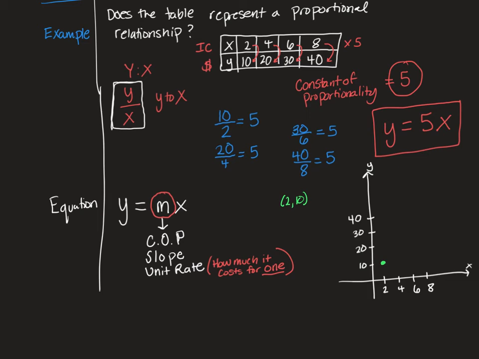My next point is (4, 20). 4 ice creams cost $20. All right. Then my next point is (6, 30). And then my last point is (8, 40).